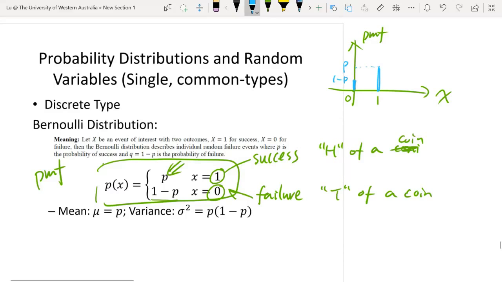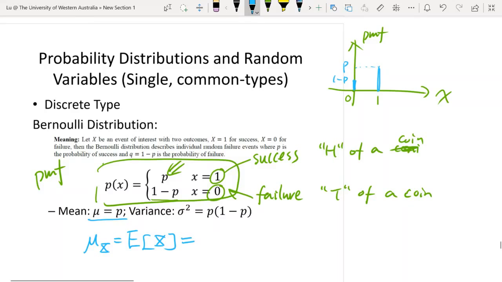And for the evaluation of the mean value, because these are discrete type random variables, the mean is equal to the expectation of X. This remains the same. But for the calculation of the expectation of a discrete random variable, you can't use integration.